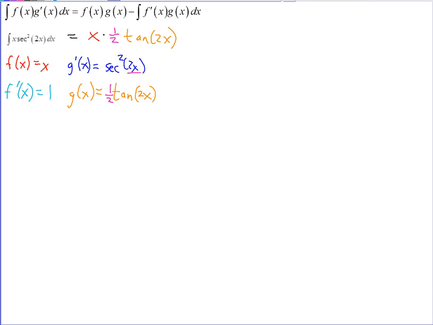And then minus the integral of the two that we found, f prime and g, these two right here. So it's going to be 1 times 1/2 tangent of 2x, times dx.